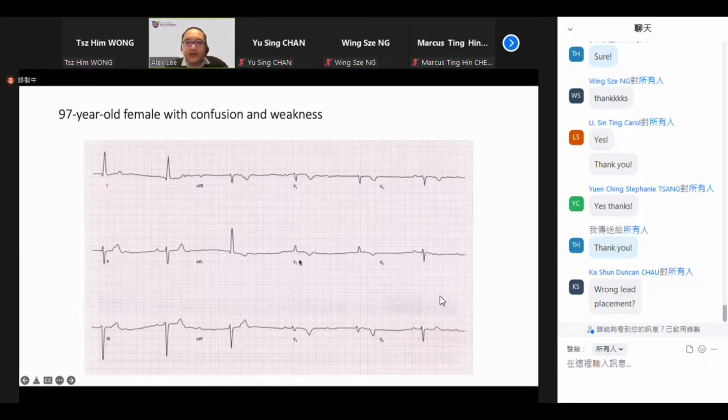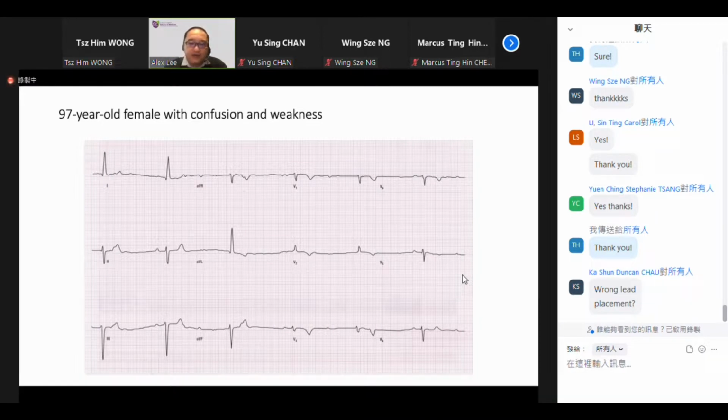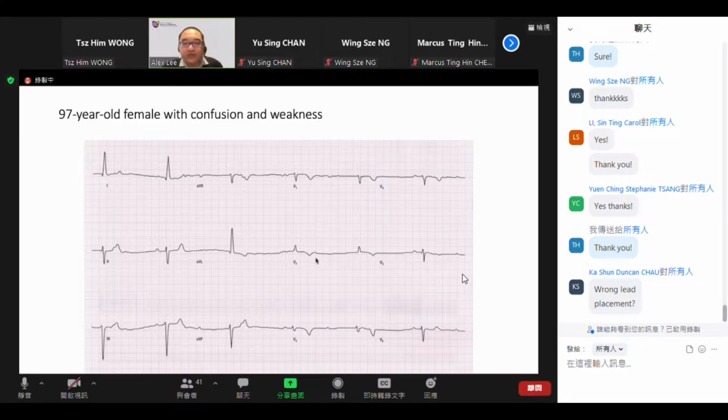But something like this jumpy axis is not natural. It's usually due to wrong lead placement. Someone has probably mixed up V2 and V6 or other leads as well. So this is a wrong lead placement. It's just a minor point.